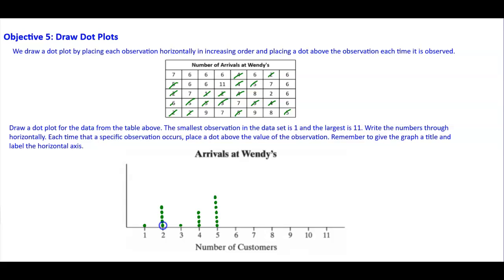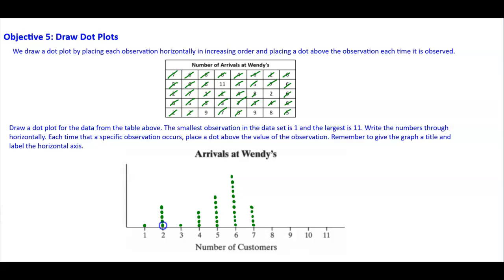And then for 6, we have 1, 2, 3, 4, 5, 6, 7, 8, 9, 10, and 11. And then for 7, we have 1, 2, 3, 4, and then 5.